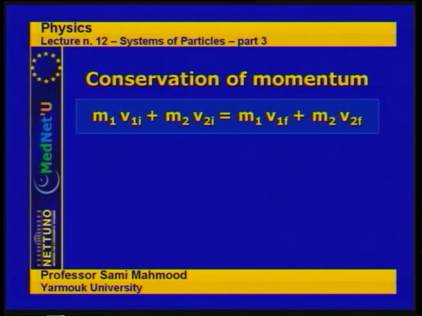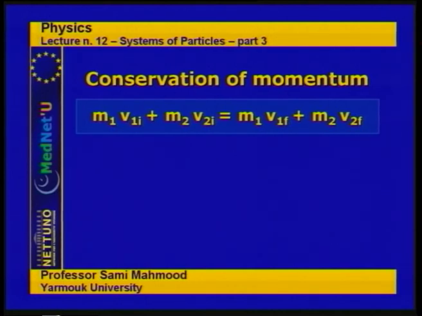Notice that in this equation we have used the symbols for scalar quantities, because as usual we are dealing with motion in one dimension. So in that sense, the direction of the vector v is determined by the sign of v.